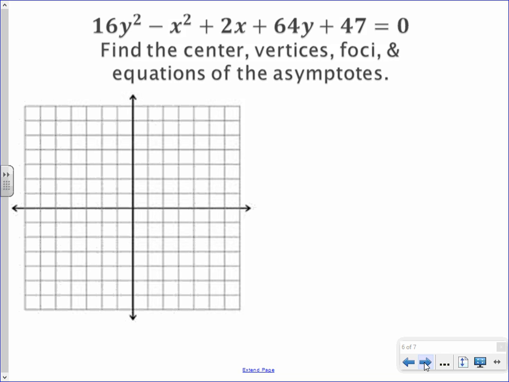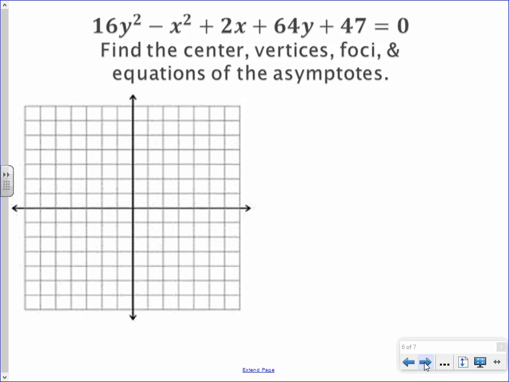Which one is the positive one? Y. Depending on what happens with completing the square, that doesn't officially tell us this is going to be a vertical hyperbola, but chances are good.